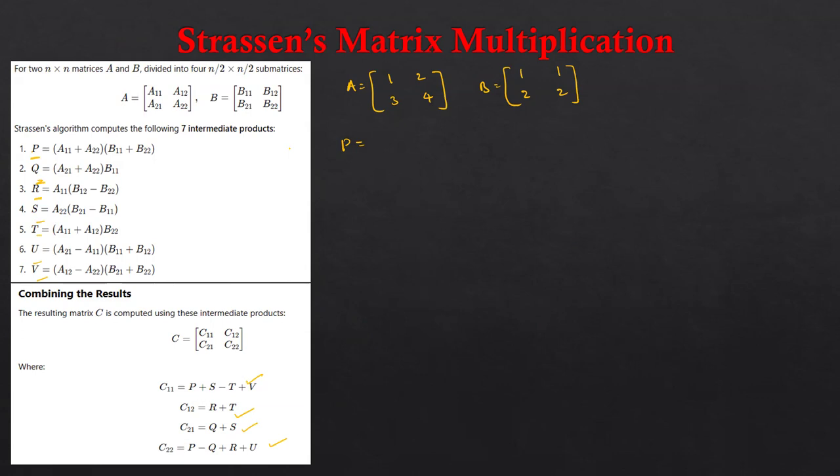But the matrix I have taken is 2 by 2, so when I divide it, I will get only one element. So the capital A11 is a 1 by 1 size matrix. So here A11 is equal to 1.